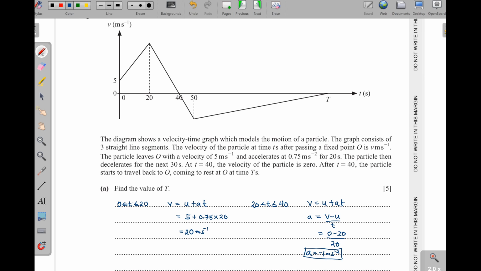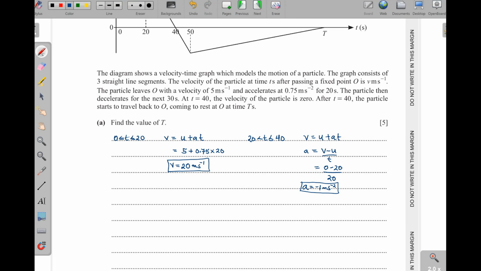Now, having gotten these, I can proceed to find the value of t. This being a velocity time graph, the distance traveled forward is equal to the distance traveled backwards, because the particle is coming back to the same point, not so?